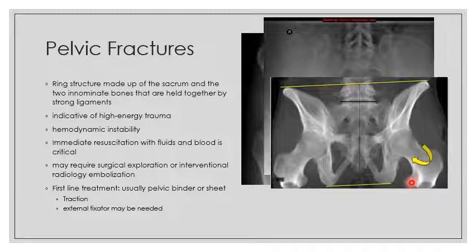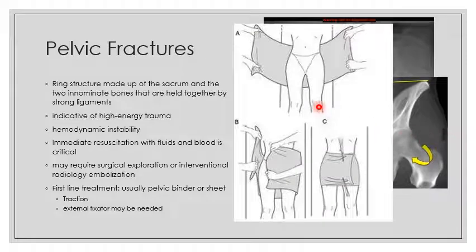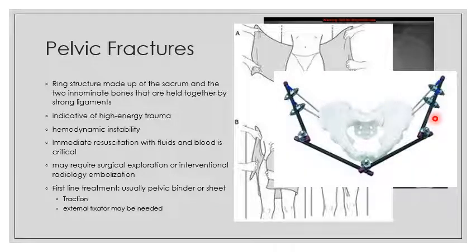You see some sort of rotation there. The fracture is here. This is the pelvic binder. This is how you apply it if you don't have the commercial type. You just put a sheet, covering from the belly button down to the middle of the thigh. Then you bind the cloth. Sometimes we may need to do an external fixation.